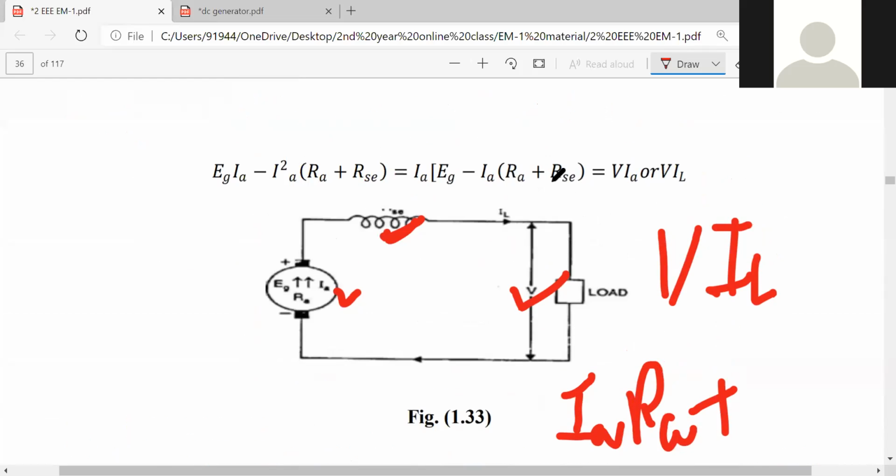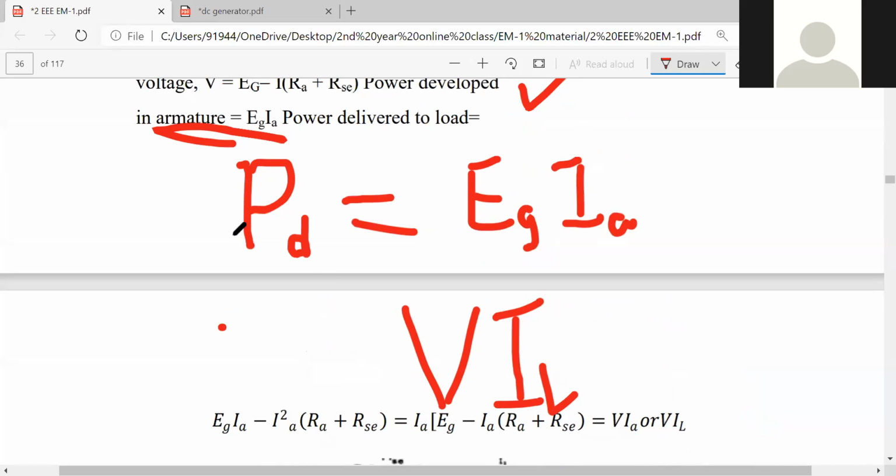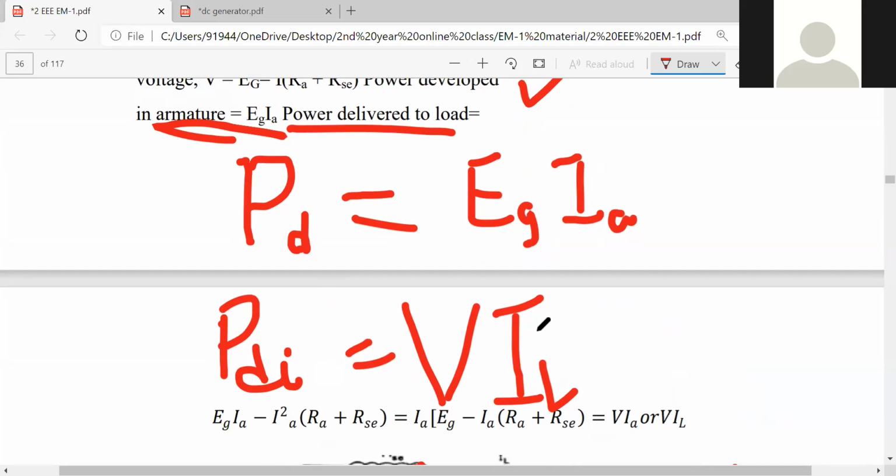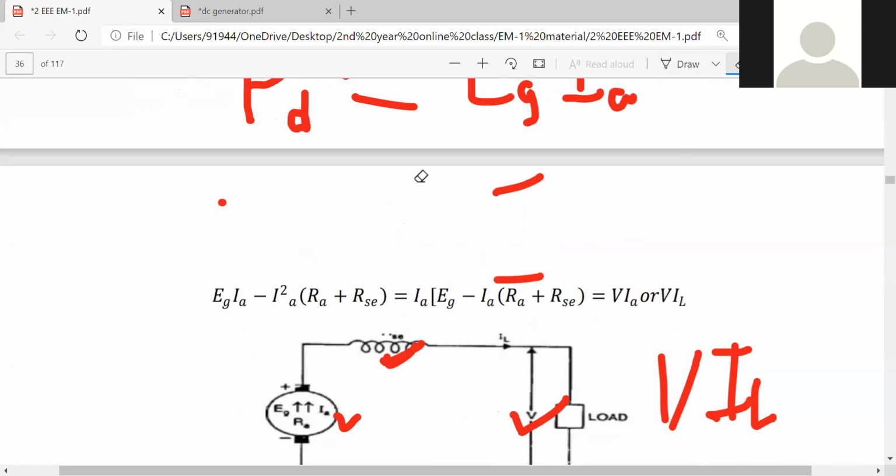So power delivered to the load equals V into IL. So this is all about the series generator.